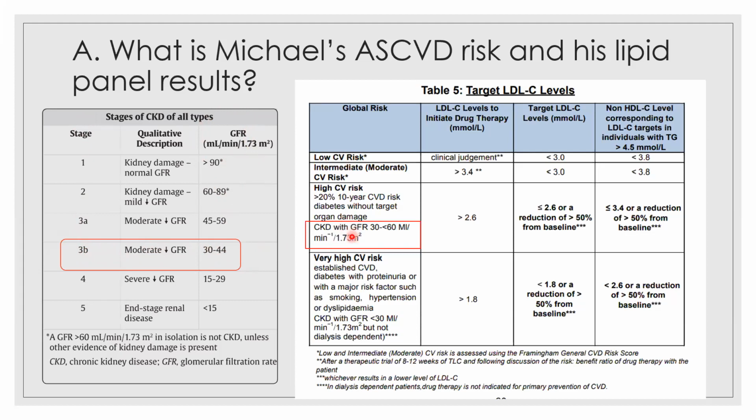Now a patient with this stage, GFR 30 to 60, is at high risk. So we need to start when the LDL cholesterol is more than 2.6 for this patient.